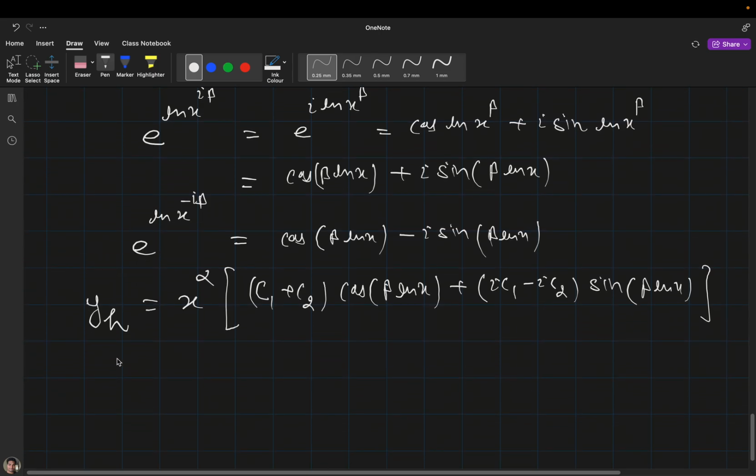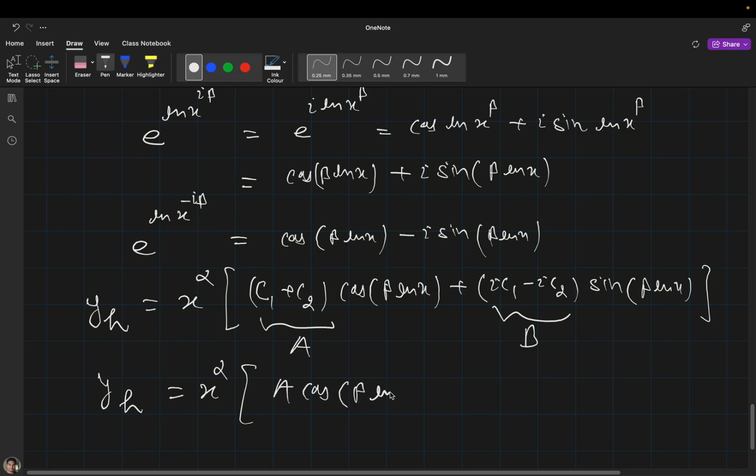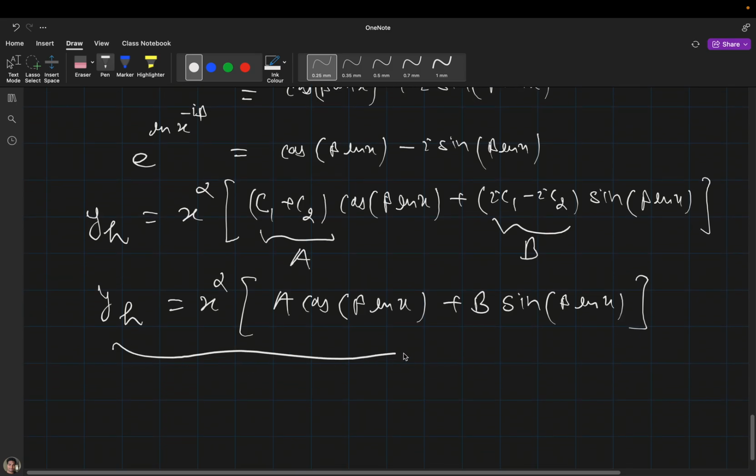We will assume this as a capital A and this as a capital B. So this is the final solution in the case of complex roots.